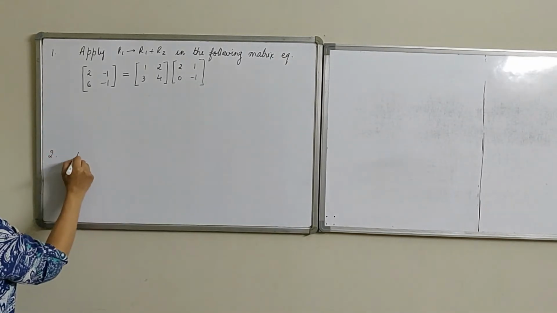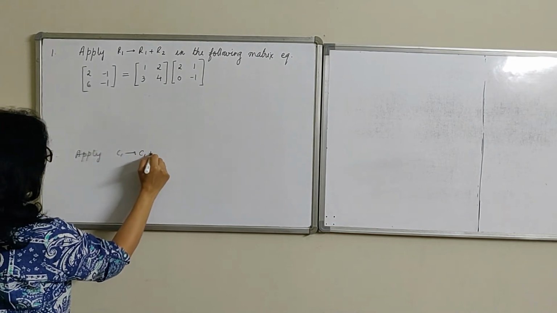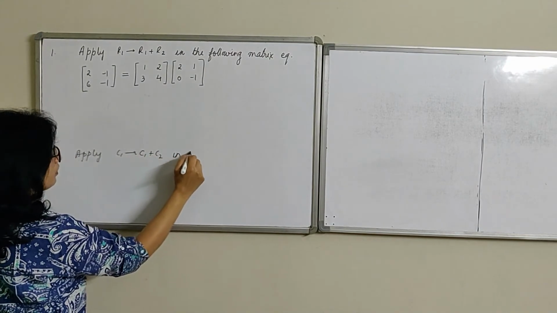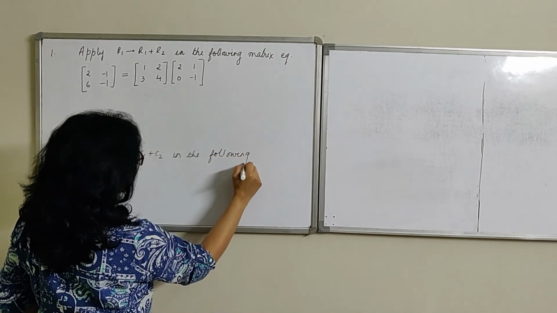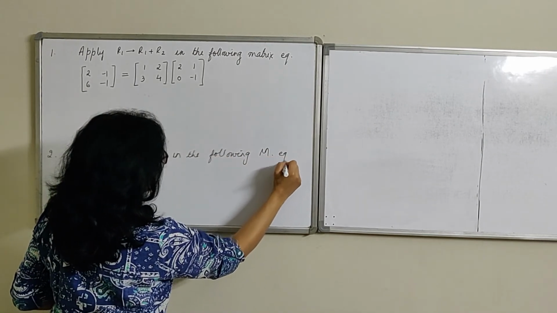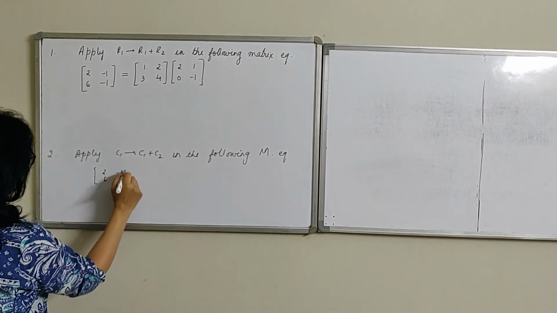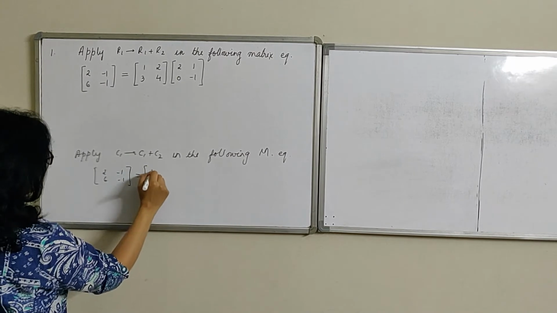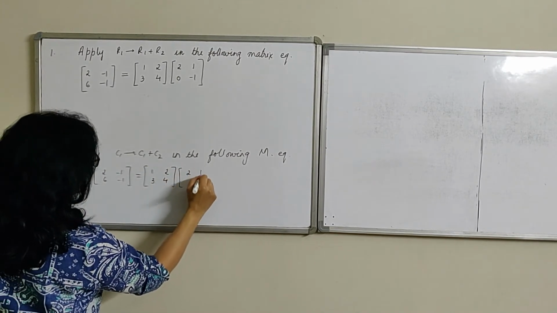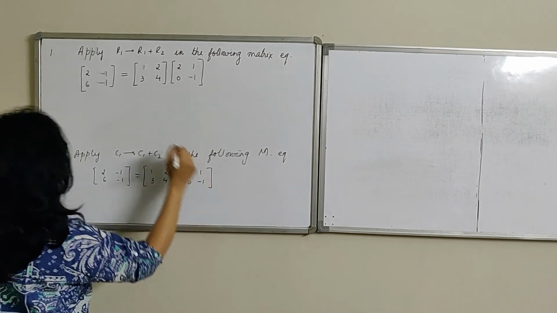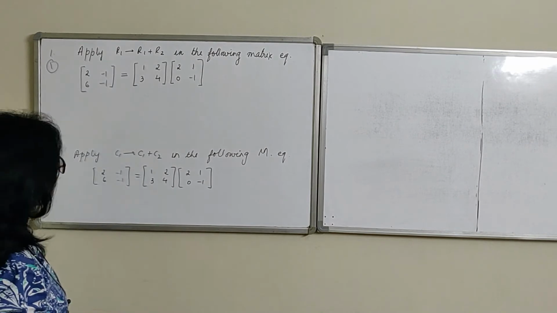Second question can be: apply the operation C1 plus C2 in the following matrix equation. And the equation I am taking is the same. So these are questions of 1 mark usually asked in the board exam.